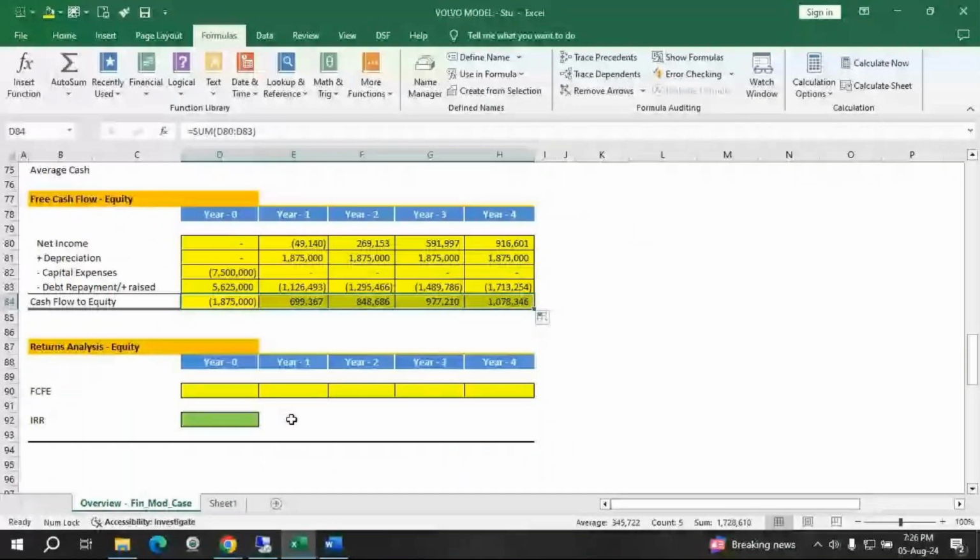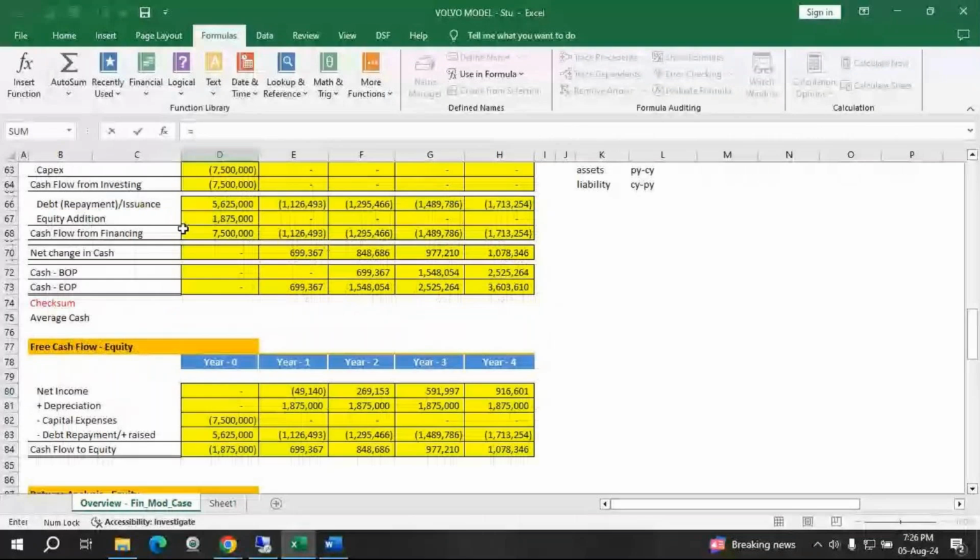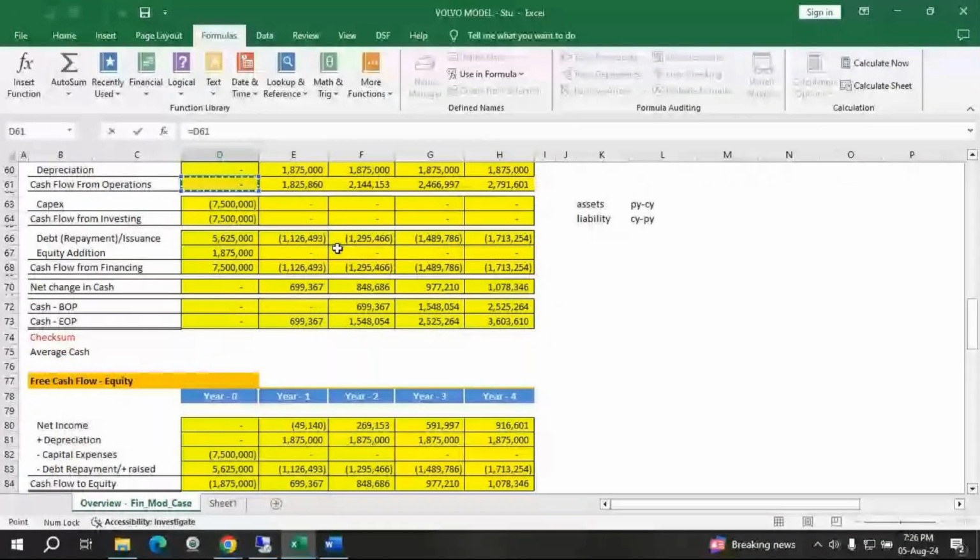Equals, that is cash flow from operations plus cash flow from investing plus cash flow from financing. So I'll come here and drag it.